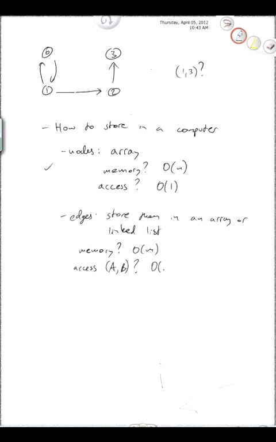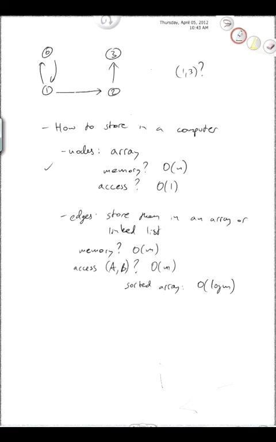So in general, if things are not ordered, this takes O of m time because I have to scan through all of the list of edges to see if the one that I'm looking for happens to be in there. But if I have a sorted array, I can do this in O log m time using the binary search trick that we talked about before. And sorting edges is just as easy as sorting numbers. You can just do it based on coordinates or something like that. So that's how long accessing takes.